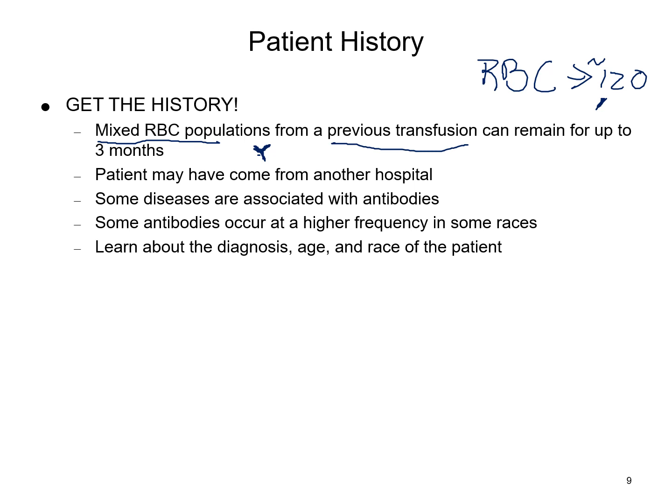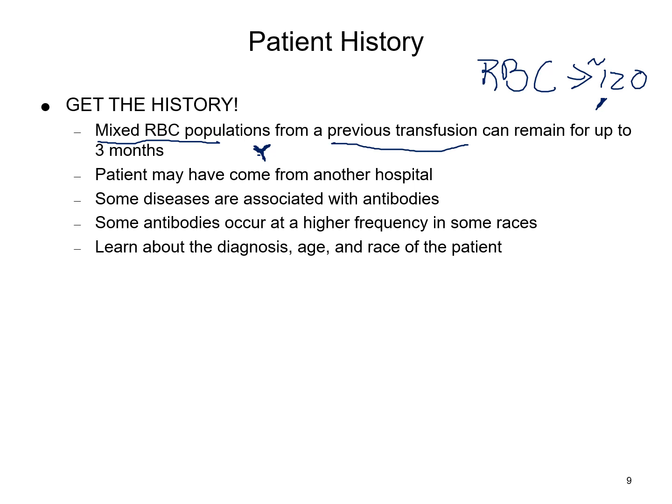Sometimes you can call those other facilities and they'll have a lot of information that they can share with you as far as the antigen and antibody history, or any problems that they had working up that patient.